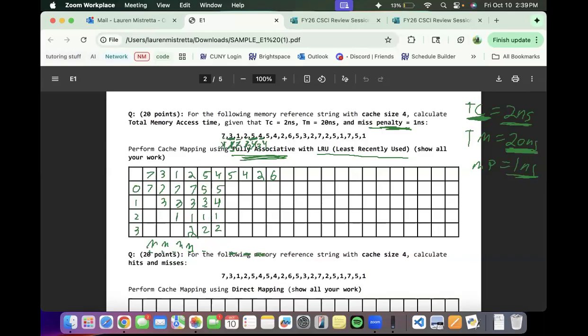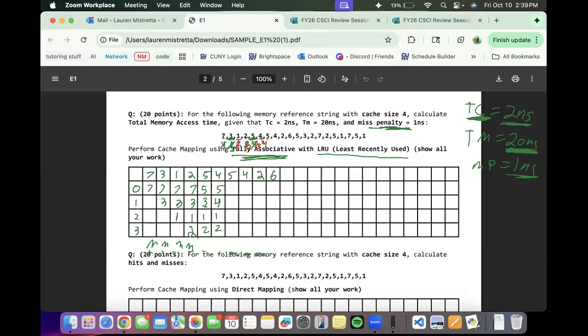Maybe I'll just do it in a different color to try to clear that up. Okay, 4 is the new 4, 5 is the new 3, 2 is the new 2, 1 is the new 1. Okay. So with that being said, the 3 got kicked off. All right, now we have ourselves a 5.